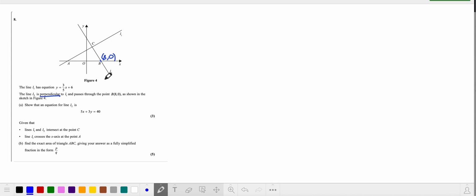So we can first find the gradient of line 2 because, as I say, we know that it's the perpendicular line to line 1 and its gradient is therefore the negative reciprocal of 3/5: minus 5/3. We've got a point on the line, so we can just sub it in to y minus y1 equals m(x minus x1).